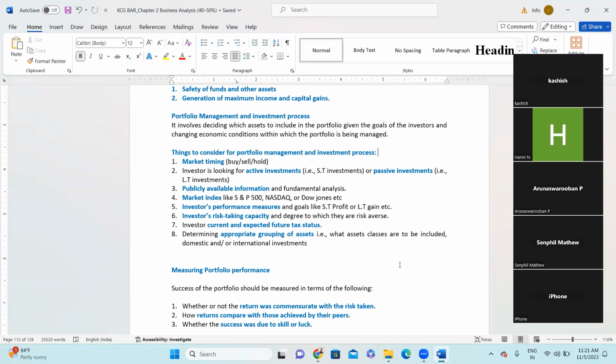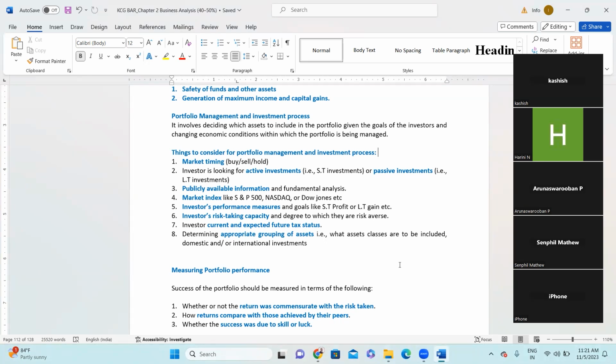So you need to understand which category the investor belongs to and which type of investment the investor would like to make. He wants to make quick day trading, or he is a long-time investor who invests in mutual fund, any stable stock, or real estate.